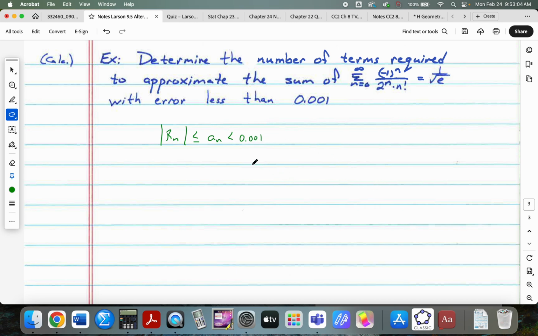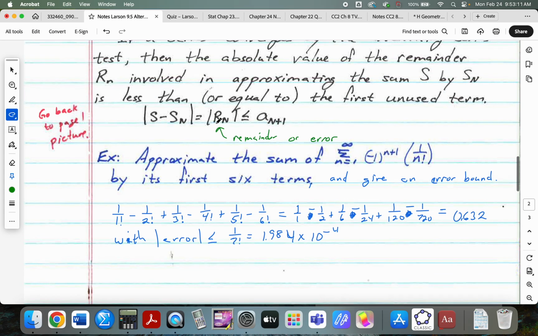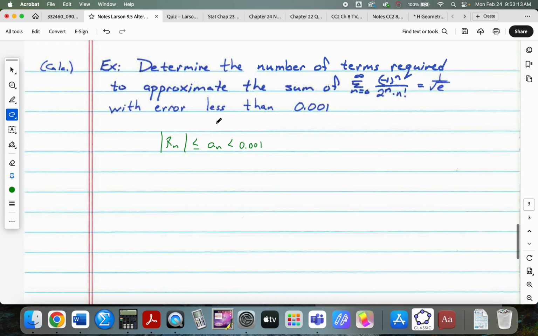So all we have to do is figure out, and I'm sorry, that should be A sub n plus 1, shouldn't it? Yep. So we need to figure out, well, what is the first term, not including the alternating part, where this is less than 1/1000th? And we can use a calculator for this.